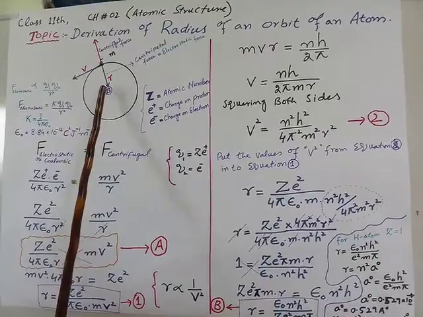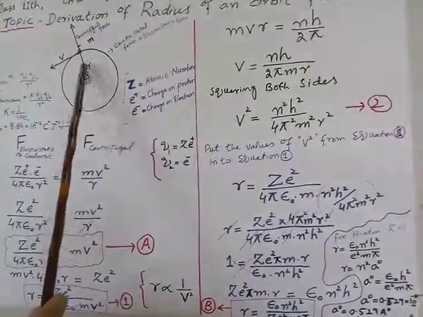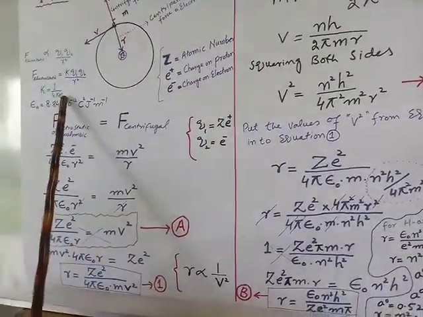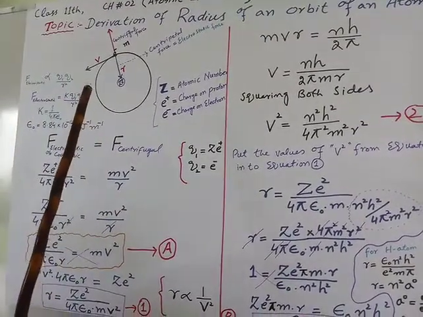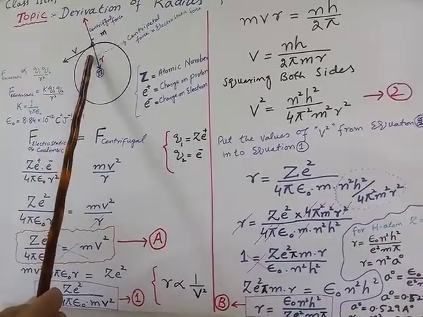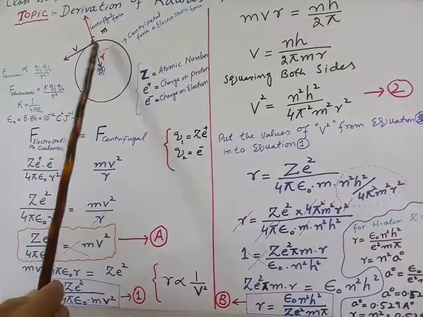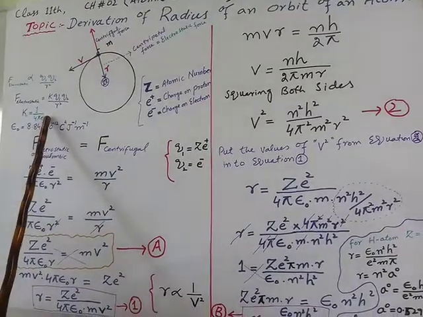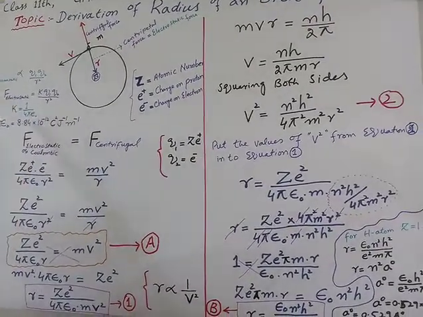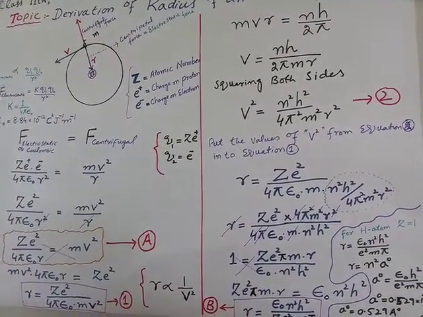Here we have considered just free space, so epsilon naught represents the permittivity of free space. If air, water, plastic or some other material was here, then the value of epsilon naught would be different.